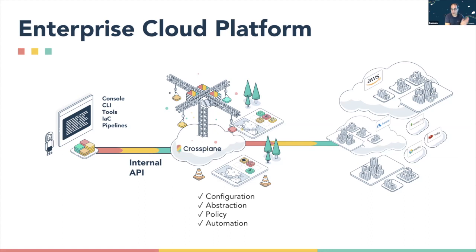You can layer your console, your CLI, your tools, your pipelines on top of that, just as we saw in Kelsey's demo. And then that API line becomes the entry point into your platform, where you can capture your configuration, your abstraction, your policy, and promote a high level of automation. So that's the high level overview of Crossplane.